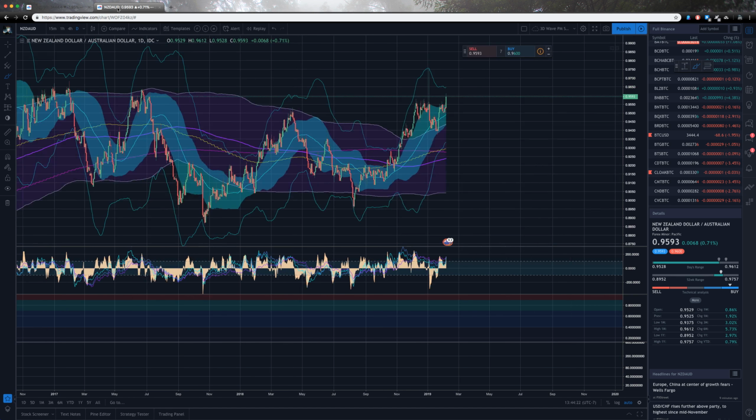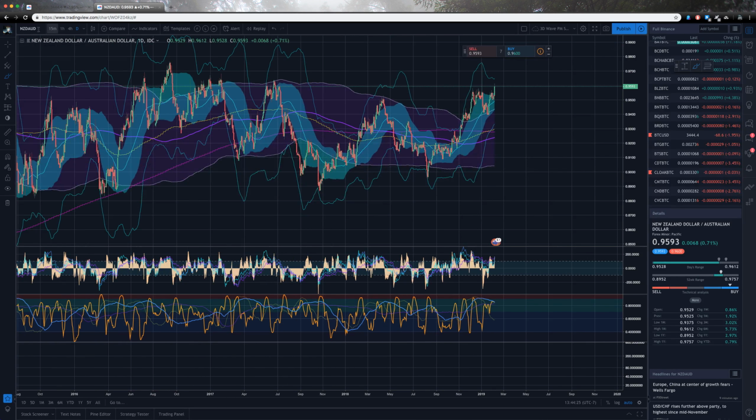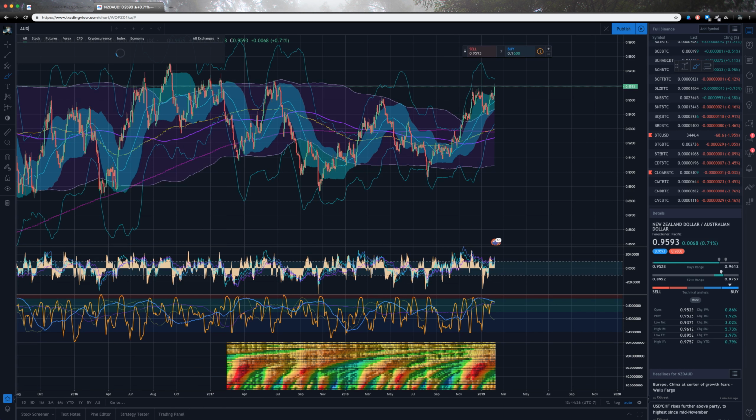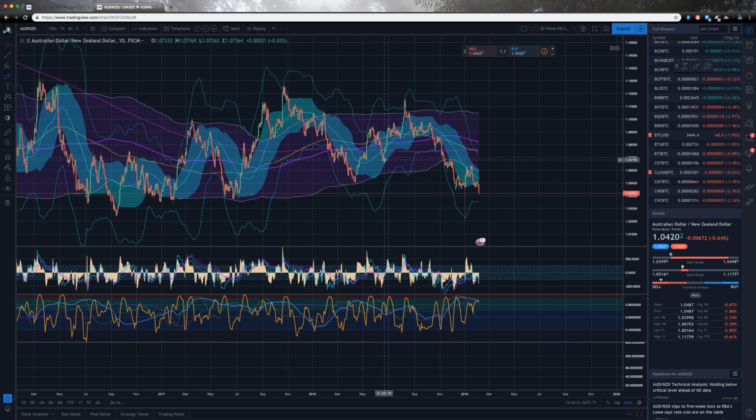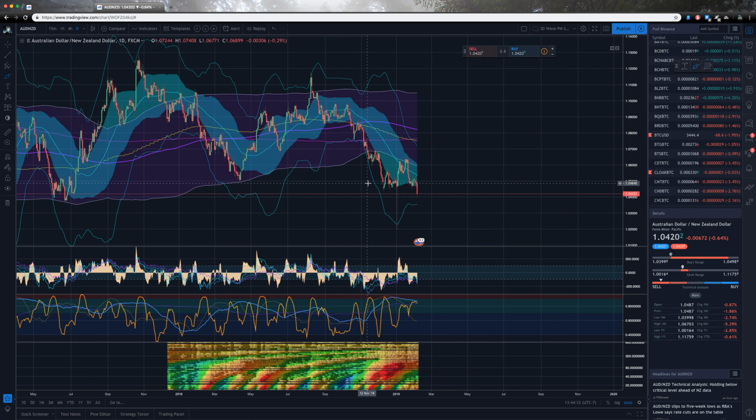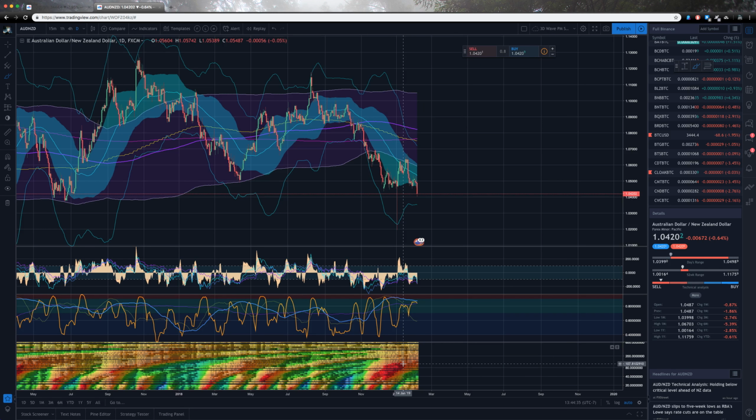I'll point it out to you. Or is it AUDNZD? Excuse me. Here's the thing about mean reversions. All right, let's go to the 110 period. And get your final questions in because I think I'll be finished after this chart.